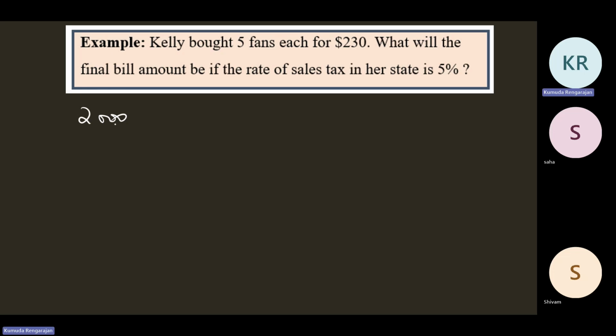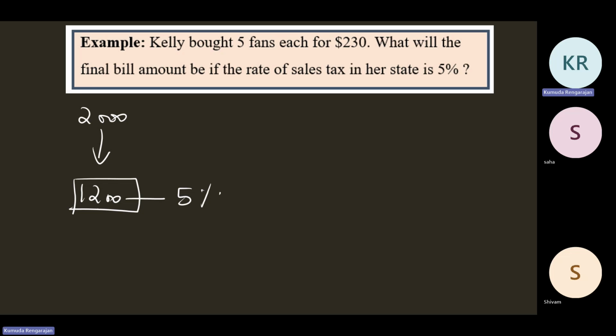I told you, you know the shopkeeper, so you bargain and then there is some discount. At the end, you have to pay 1200 for the product. This is what you'll have to pay to take the product. So this is your final price. This is your total bill value. On this, 5% will be calculated and added to your bill.